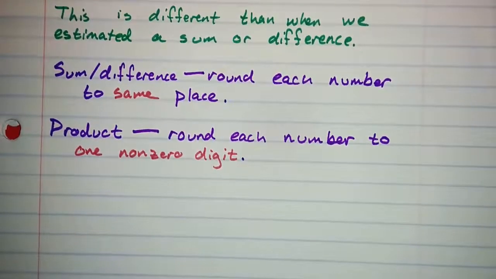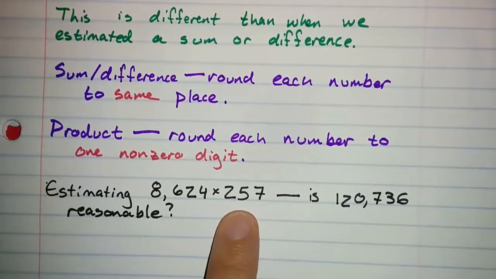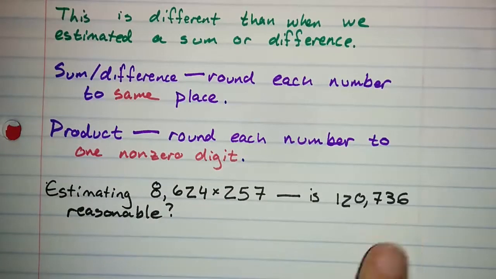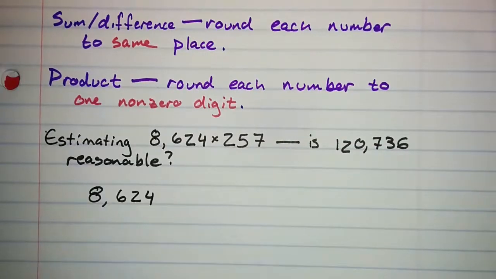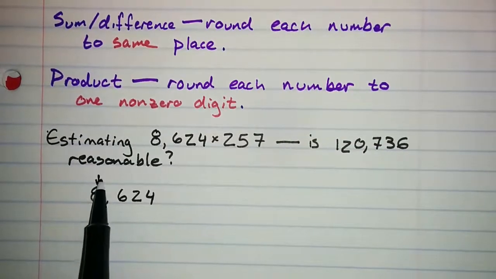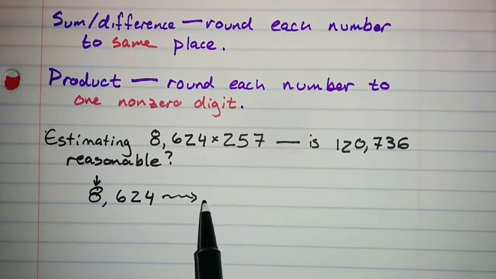Again, we're estimating 8,624 times 257, and we want to see if our answer, 120,736, is reasonable. So let's see. 8,624, we want to round it to this leftmost place. What do we get?